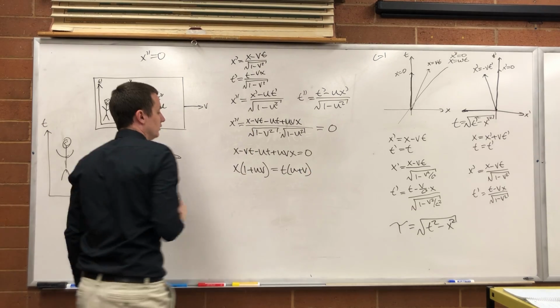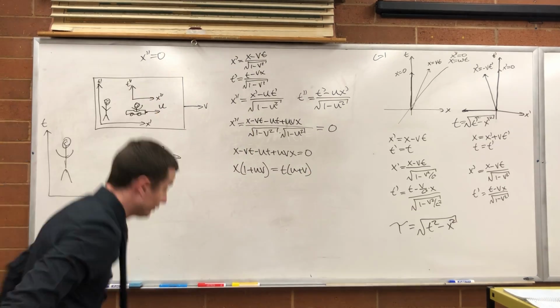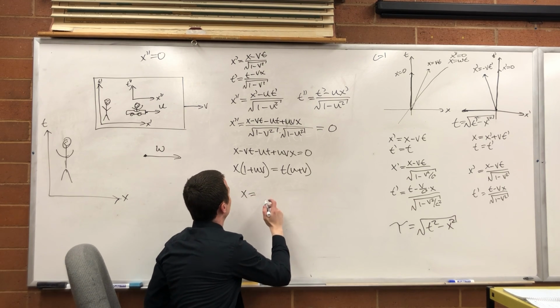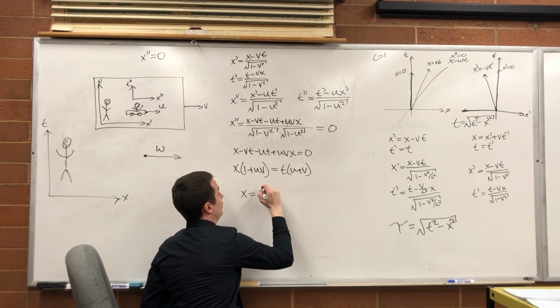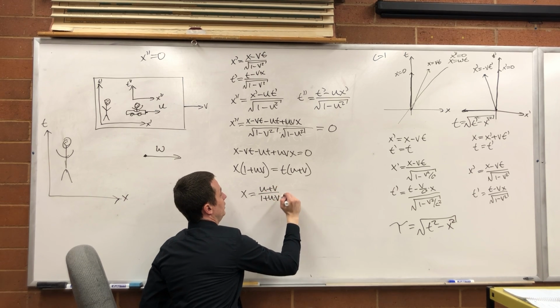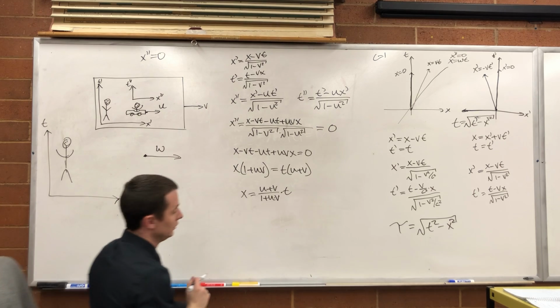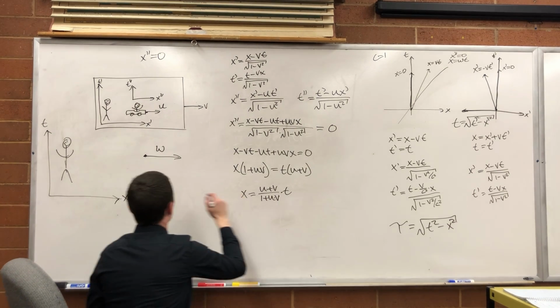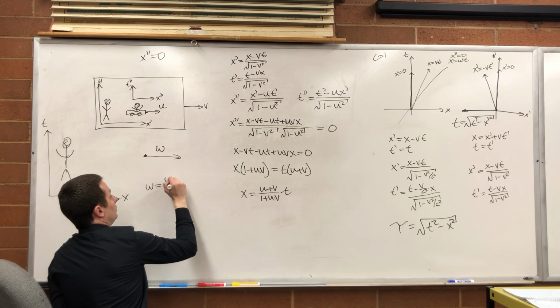Did I do that right? So now we have x is equal to u plus v over 1 plus uv times t. You see that? And so this is our w. w is equal to u plus v all over 1 plus uv.